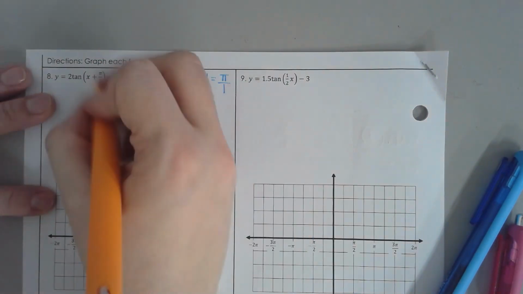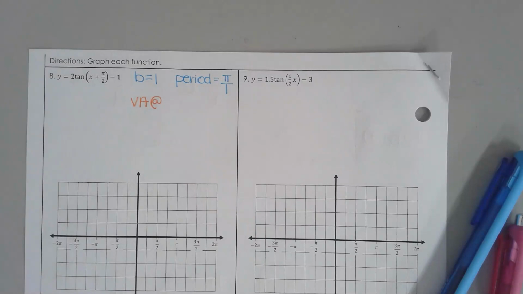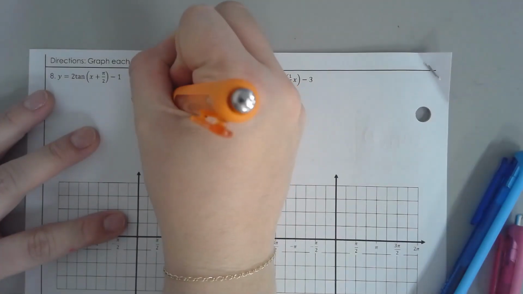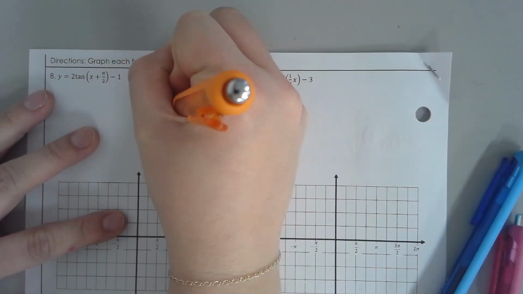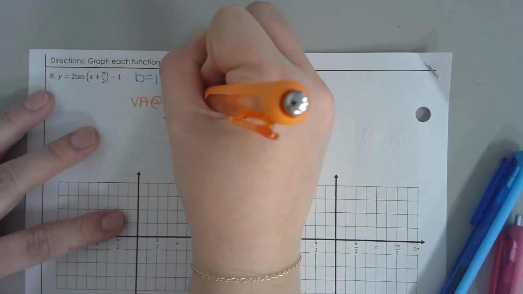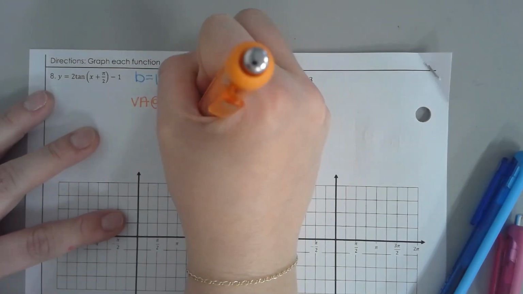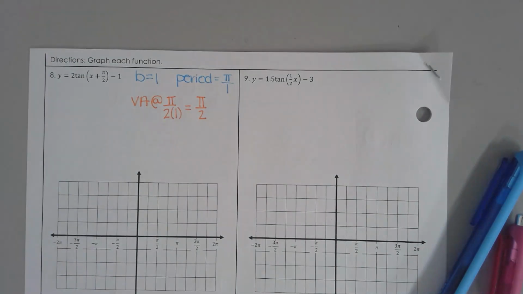So my starting vertical asymptote, I will start with pi over 2B. Pi over 2. And that's the one I'm going to draw in pencil.